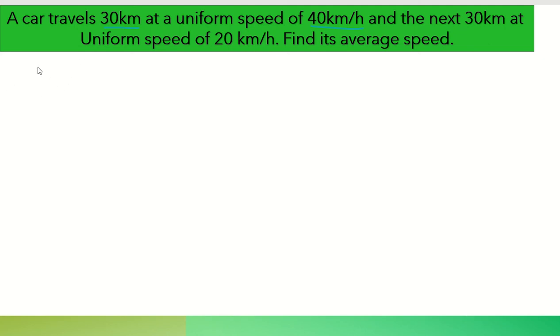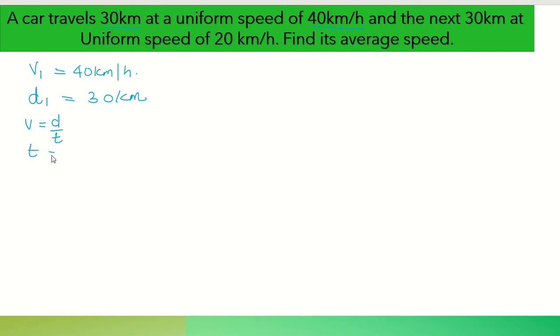Okay, so let's say the first speed v1 is equal to 40 km per hour, and the first distance, there are two distances, that's why I'm taking d1, is equal to 30 km. So we have the formula, speed is equal to distance by time.